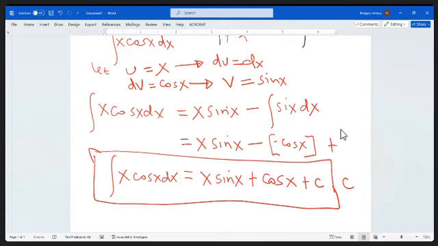I have a question. You stated earlier that when you approach a problem using integration by parts, you have to be critical in identifying the function that can easily be differentiated and also easily integrated.